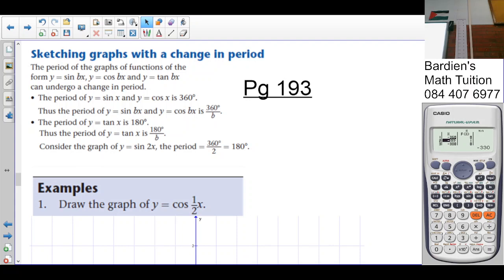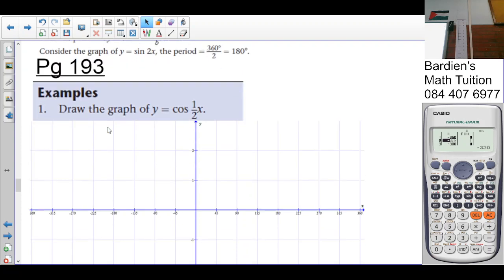The basic cos graph and sine graph complete themselves in 360, and that we use as our guide. The period of y equals tan x is 180, thus the period of y equals tan bx is 180 divided by b. Consider the graph y equals sin 2x, the period is going to be 360 divided by 2. Alright, let's carry on.